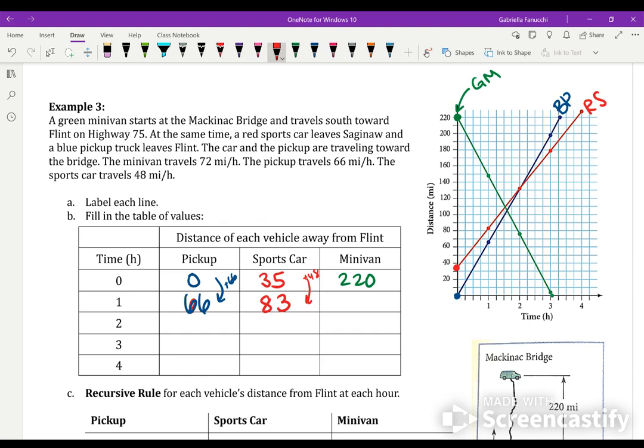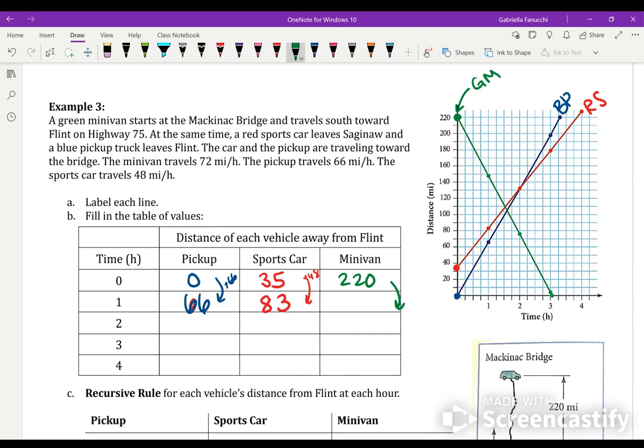And then at 1 hour, the minivan, we should be traveling 72 miles. But if you take a look, the green minivan is traveling south.